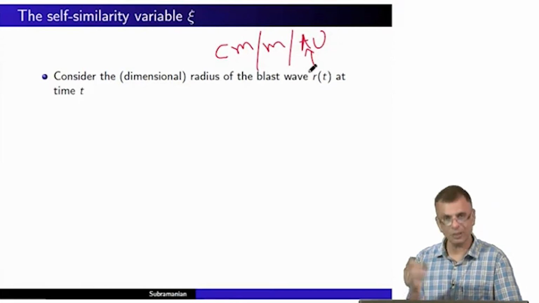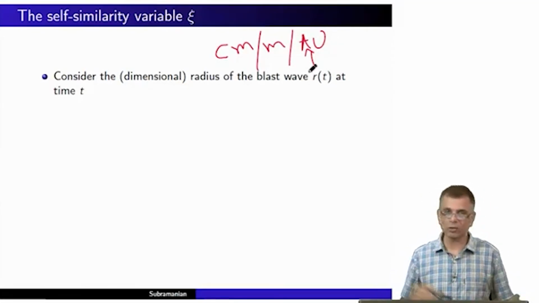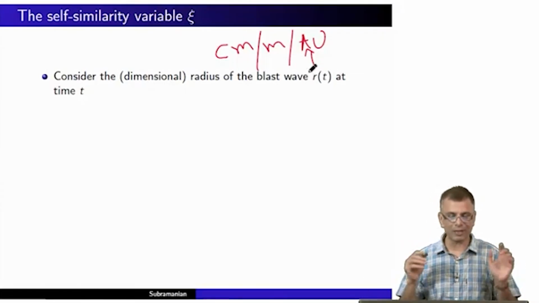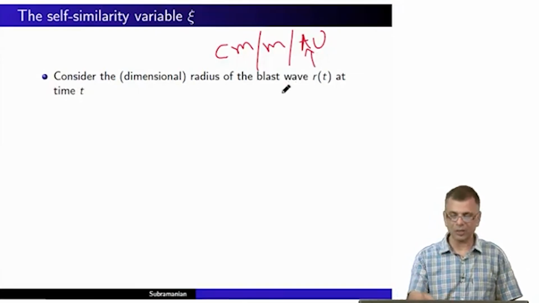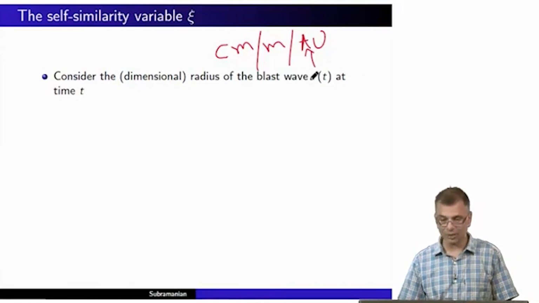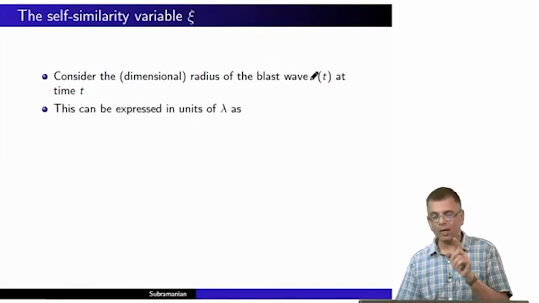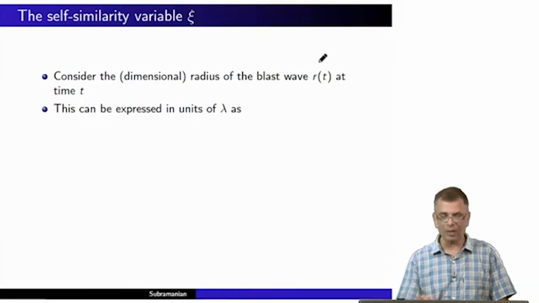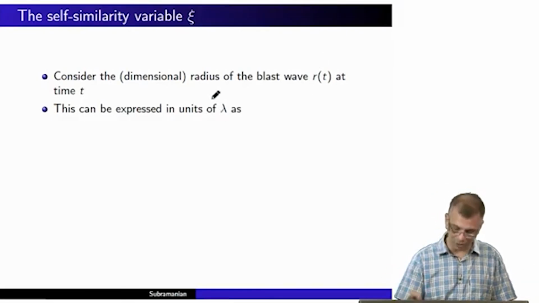So this has units of length, at time t. So this would be a physical radius. And now how about if I did not want to express it in terms of centimeters or whatever, it's a huge number. I would like to express it in units of this lambda.